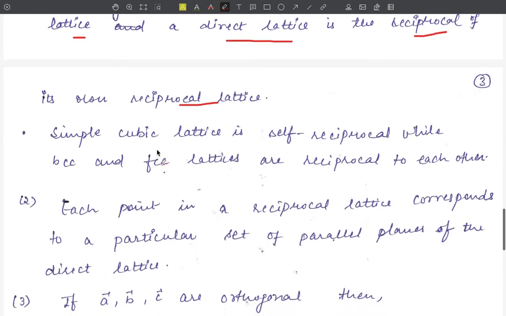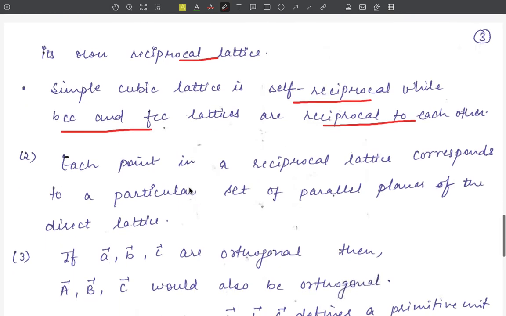The next one is that a simple cubic lattice is a self-reciprocal lattice. That is, the reciprocal lattice of a simple cubic lattice is again a simple cubic lattice. But BCC and FCC lattices are reciprocal to each other. That is, the reciprocal lattice of BCC is FCC and the reciprocal lattice of FCC is BCC.